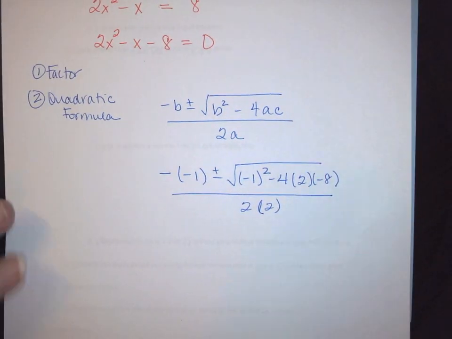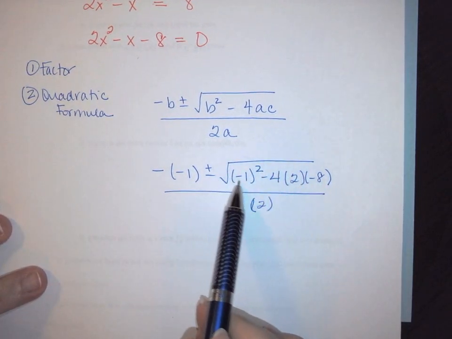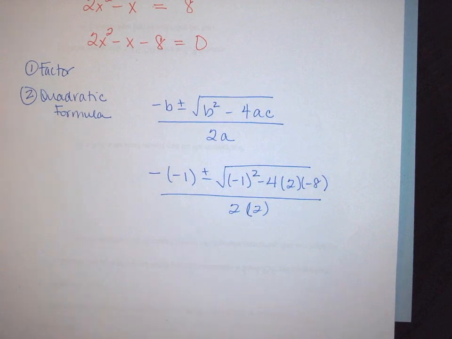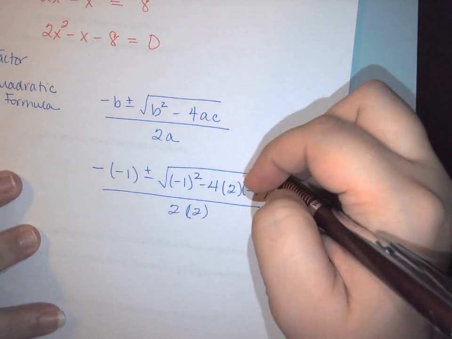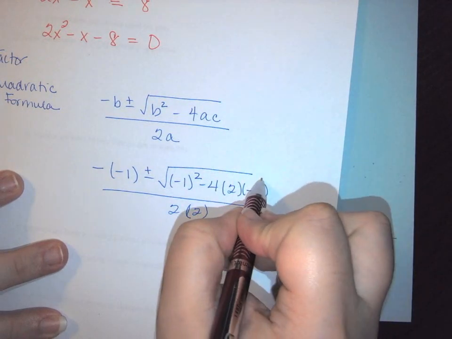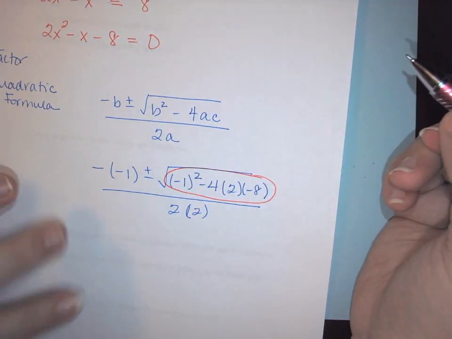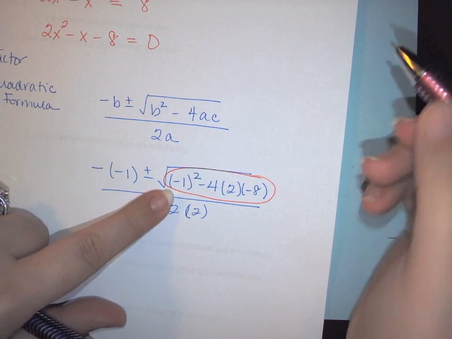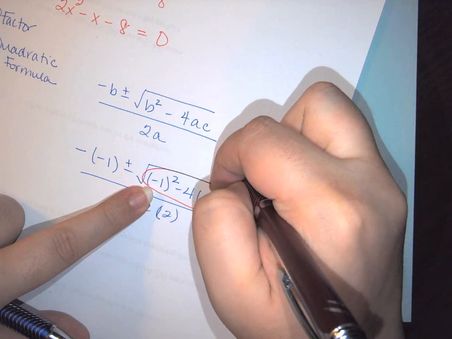So now we simplify. The first thing you want to do is simplify the things underneath your radical, and I would do that off to the side. Under my radical, this is what I'm looking at first. Negative 1 squared gives you 1.